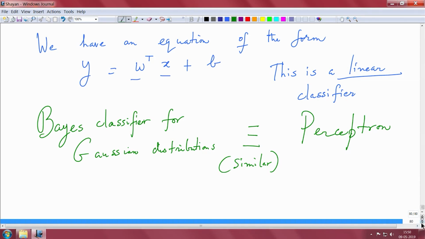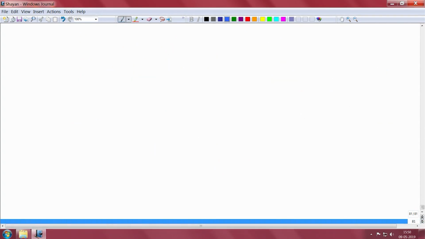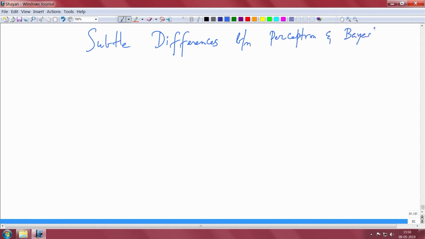So, we will comment upon the subtle differences between the perceptron and Bayes classifier under the restriction that we had. Now, the perceptron acts on the premise that patterns are linearly separable, right.